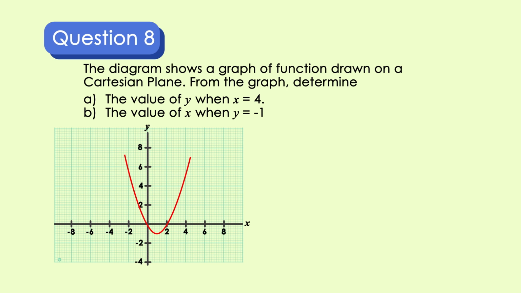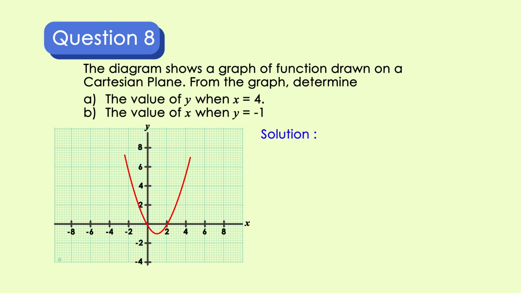Let us look at question 8. The diagram shows a graph of function drawn on a Cartesian plane. From the graph, determine the value of y when x equals 4. To answer this question, we may use the graph given to find the answer.